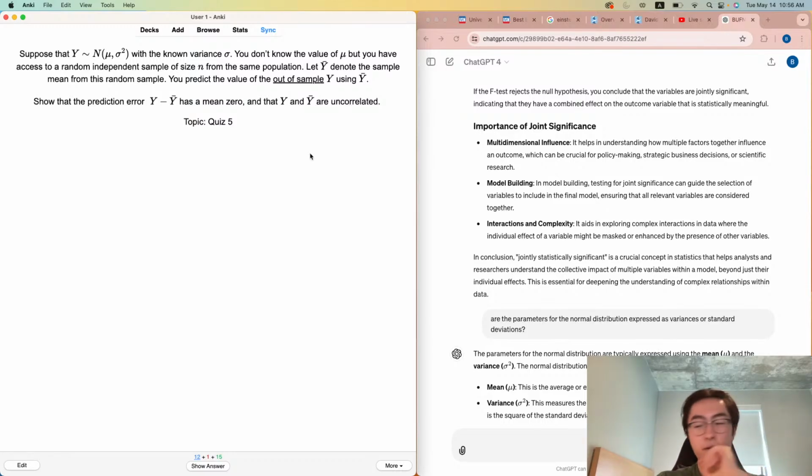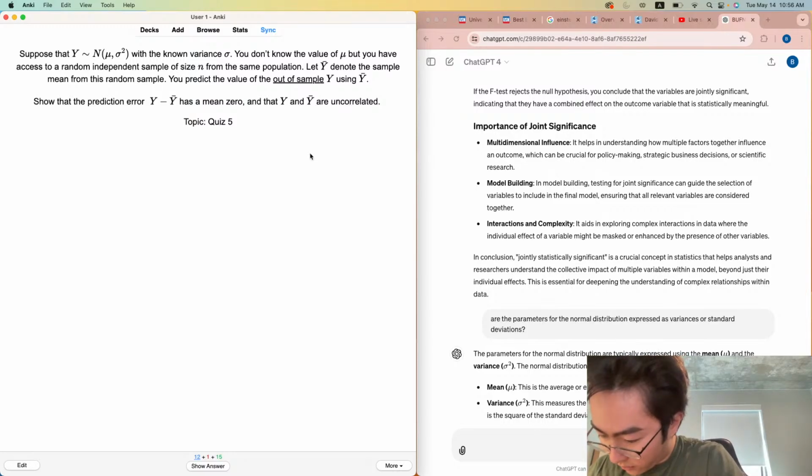Ooh, maybe we can show that this is also... I'm gonna bring out a pen and paper, because doing it in my head is kind of hard. But we might be able to show it by using the properties of the covariance.